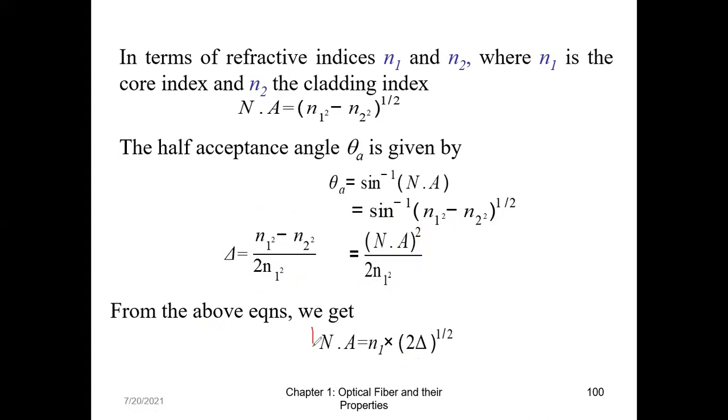So this is the relation of your numerical aperture with the relative refractive index difference delta. Please write all these equations. Right now we will use them for solving many numericals, and later on they will be carried forward when we find losses in the fiber.